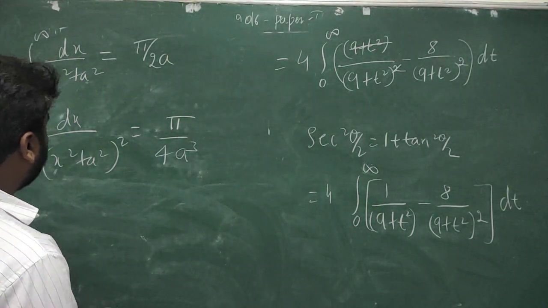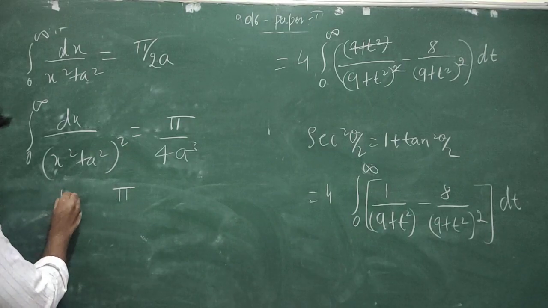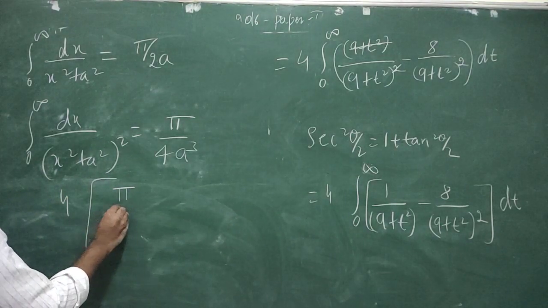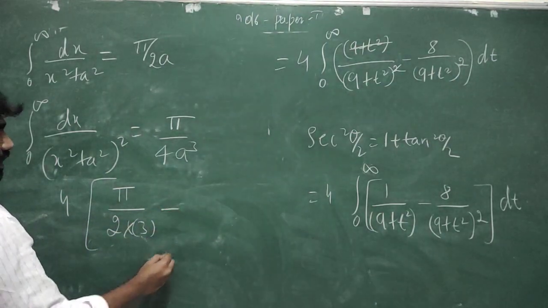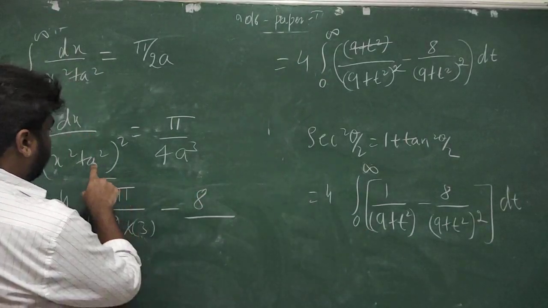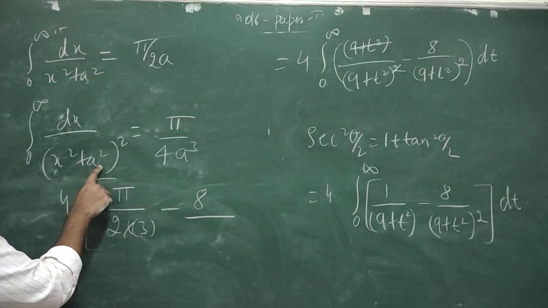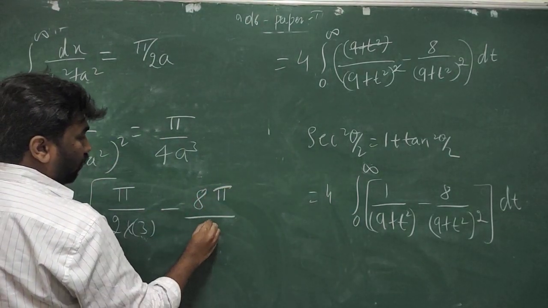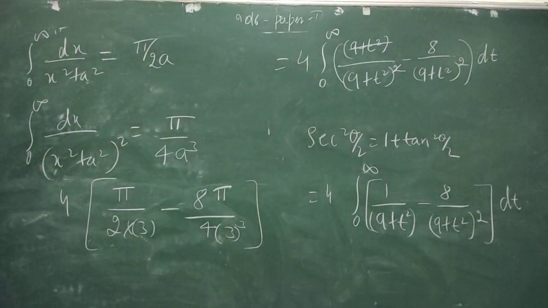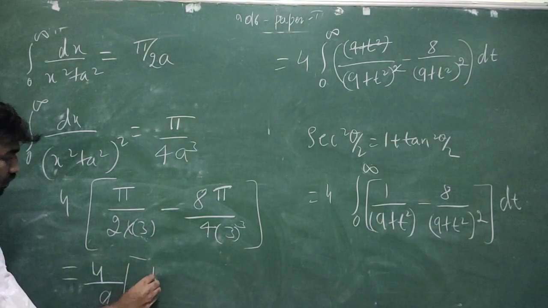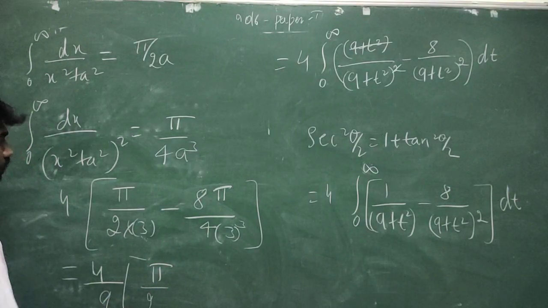So therefore the answer for that part is 4 into pi by 2 into a, which is 3, minus 8 divided by, so that second part is like this, pi by 4, a cube means 3 cube, which is equal to, if I take 3 cube as a common, so 4 divided by 3 cube into 9 into pi by 2.